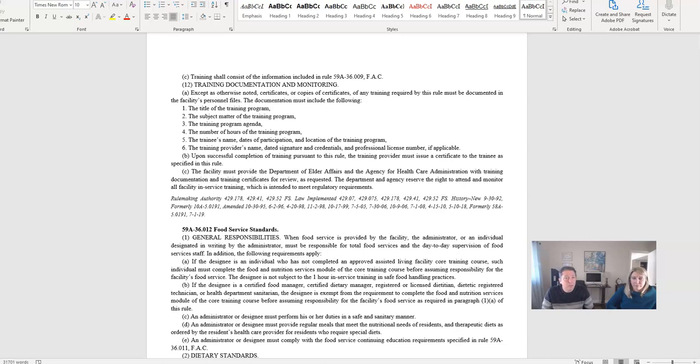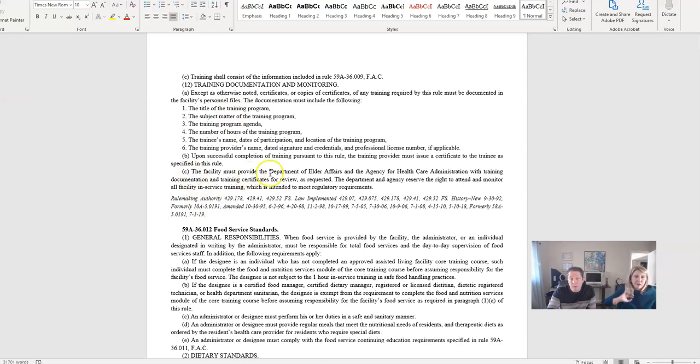The documentation must include the following: the title of the training program, the subject matter of the training program, the training program agenda, the number of hours of the training program, and the trainee's name. You see all that. I don't think these are test questions. Just be familiar with it because we need to learn the rules and regulations, but nothing to highlight for the test. Maybe this right here, actually.